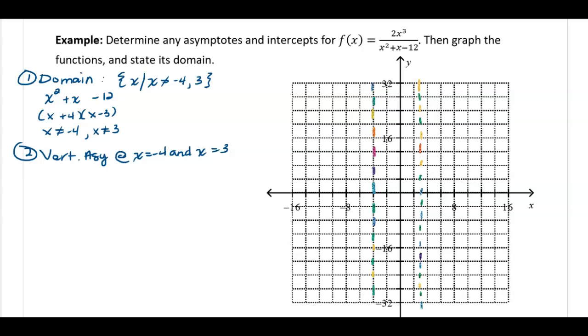All right, so now we have to find our horizontal asymptotes. So n equals 3 and m equals 2.